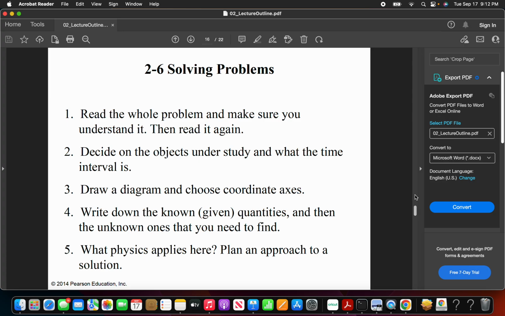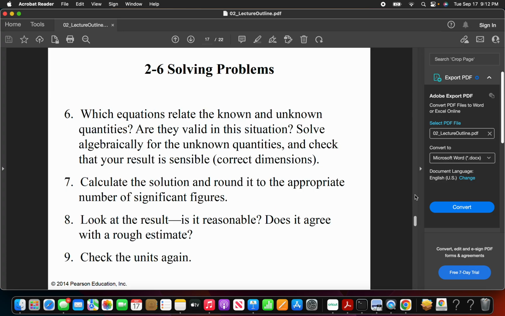And so that's what this is. This is going to be our strategy. I'm not going to read these to you. We're going to get plenty of practice with this as we practice these problems over the next week, and we're going to put this into practice. Yep, 1 through 9.